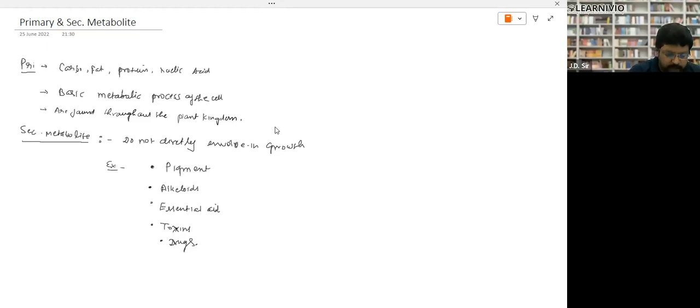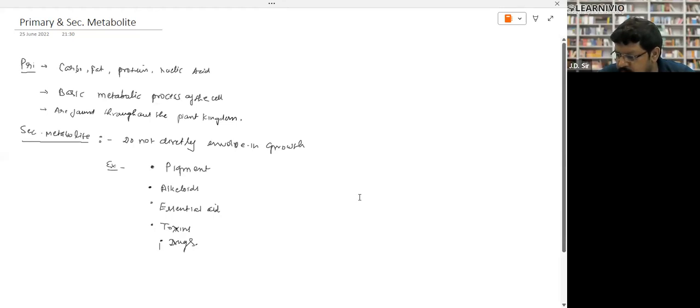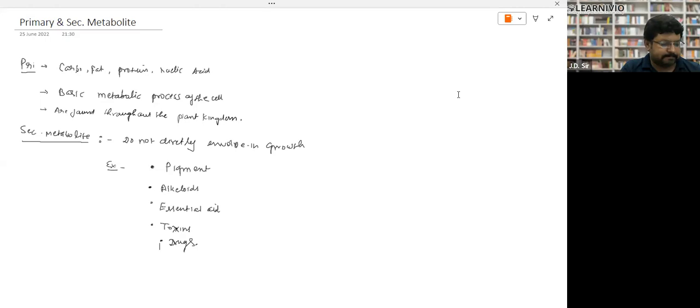Note down the example of secondary metabolites. Done? Noted? Done, Martin? Yes.